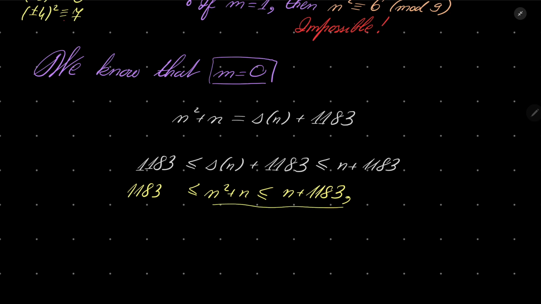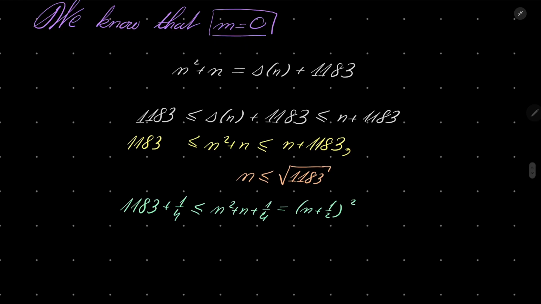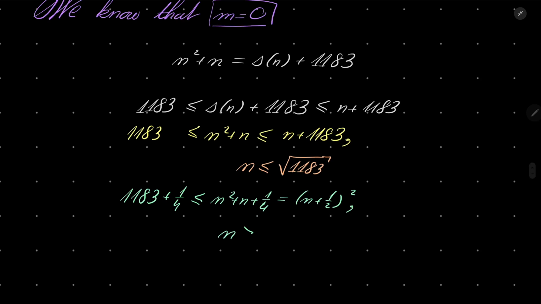From the second inequality, it can be stated that n is less than or equal to the square root of 1183. And what about the first inequality? Well, we can write it in the following manner. 1183 plus 1/4 is less than or equal to n squared plus n plus 1/4, and this is n plus 1/2 squared. So in other words, n must be greater than or equal to the square root of 1183 plus 1/4 minus 1/2.